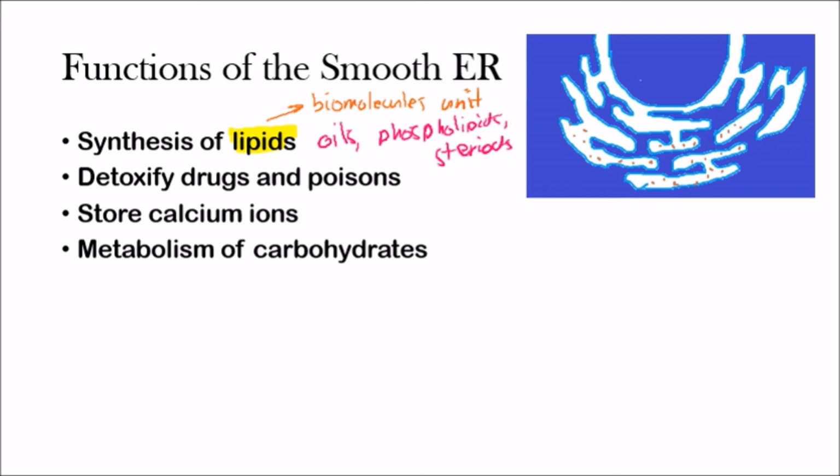For example, phospholipids can help in the formation of a membrane, right? Because membranes are lipid bilayers, and they consist of phospholipids. These steroids can go and make hormones. Like in animal cells, these steroids, which are made from the smooth ER, will make all sorts of hormones.